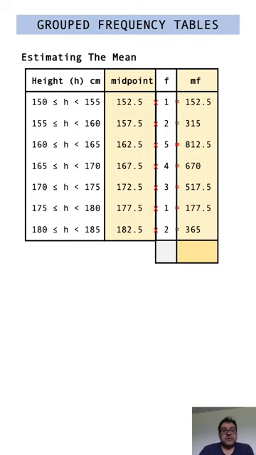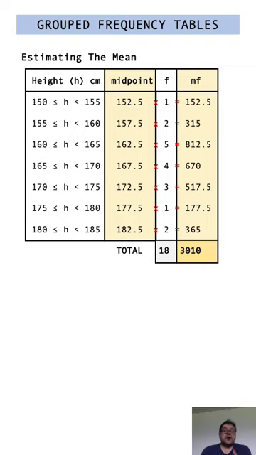So we can keep doing that, and then once we've got to the end, we're going to add these columns up. So the total of the F column is 18. So that means we've got a total of 18 people in all the groups.